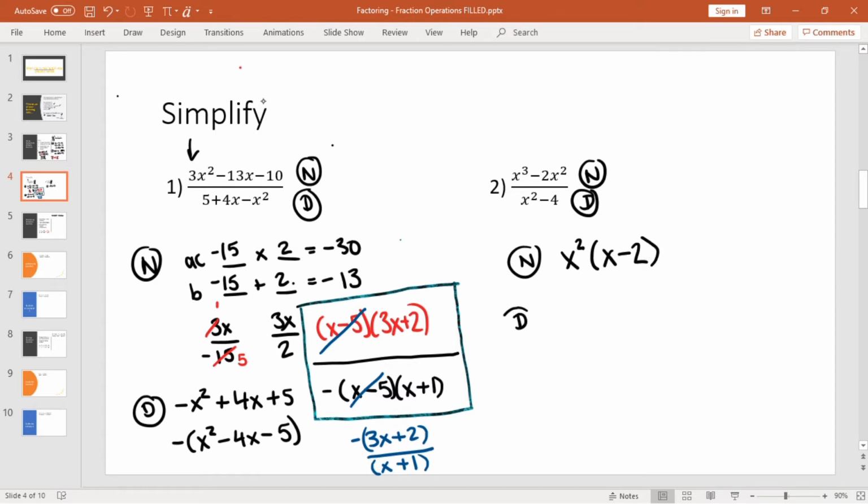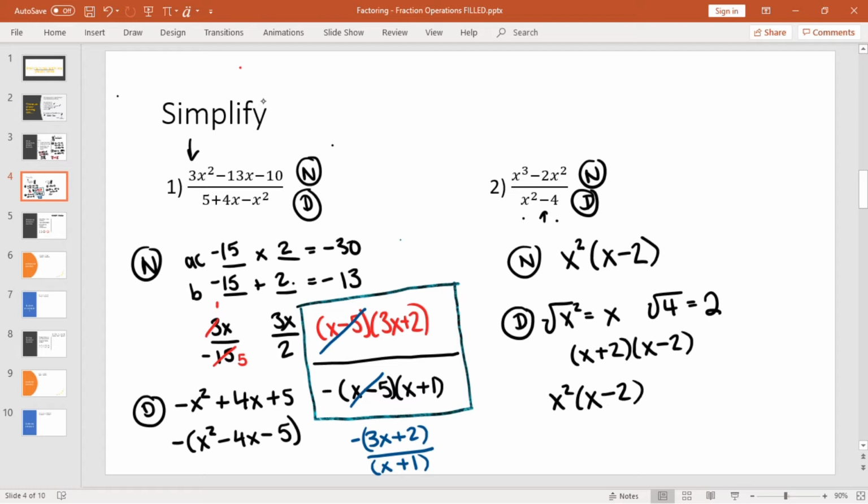In the denominator, once again, I see that negative sign. I see a couple of squares. So I'm going to do the difference of squares shortcut. And I'm going to have the denominator factor as 2, x plus 2, x minus 2. I combine my fraction, numerator over denominator, both factored.